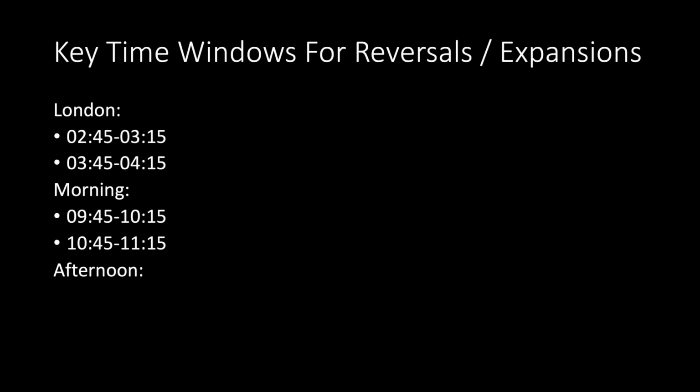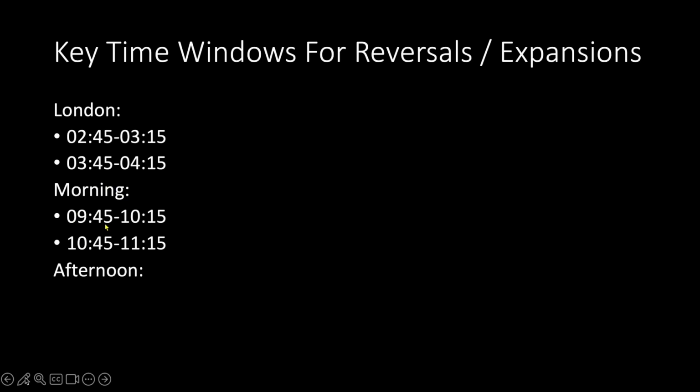With regards to environment selection, this also plays a huge role in detecting which time window is likely to be utilized for the expansion or the beginning of the expansion of that session. Because if we take a look at the 9:45 to 10:15 window, if, for example, there's a very choppy session, very choppy opening range, then the market is likely to chop around all the way into 10:30.